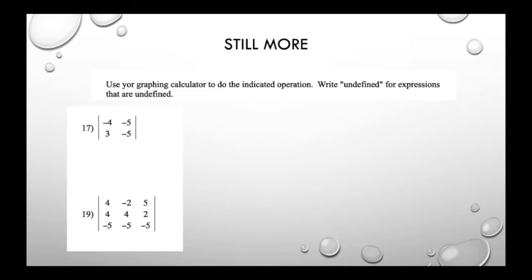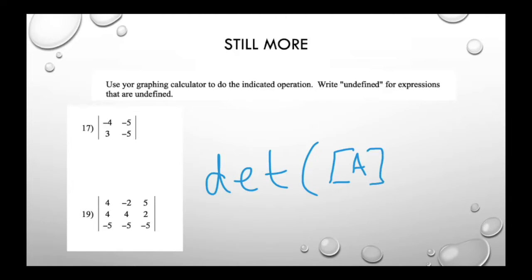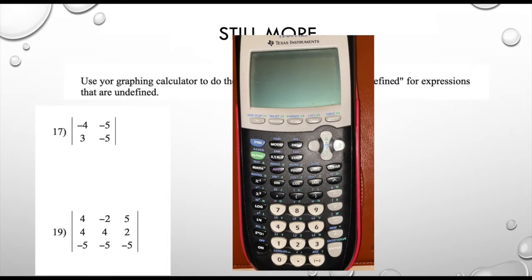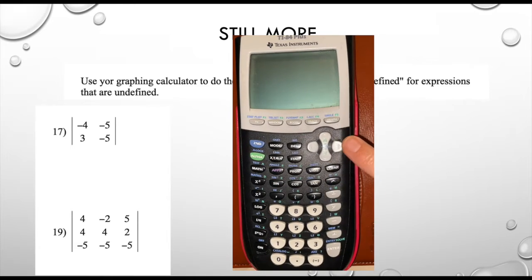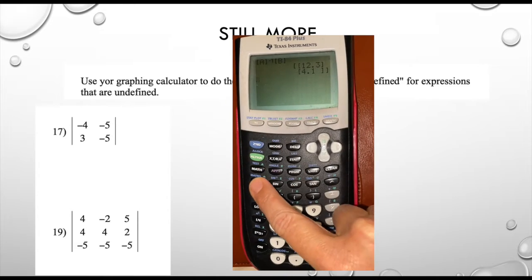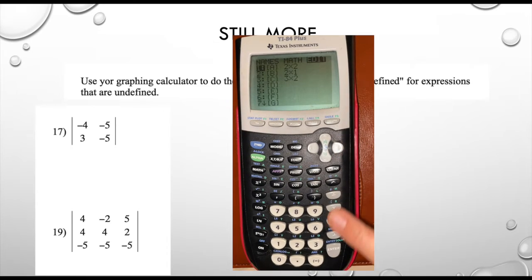That's number 21. All right, we put this number 19 into our calculator as matrix A, and then we took the determinant by getting into our math button under the matrix menu and put that A matrix in. To be able to do the determinant, we still have to put the matrix in. Going to second matrix, we're going to come over here to edit, and might as well call it the A matrix.